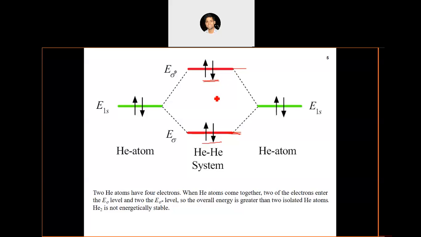Now if you look at the energy of the final configuration and compare it with the initial configuration, you can see that the final energy is higher than the initial energy, and that is why this bonding is not energetically favorable. That's why you will never see this He2 molecule.